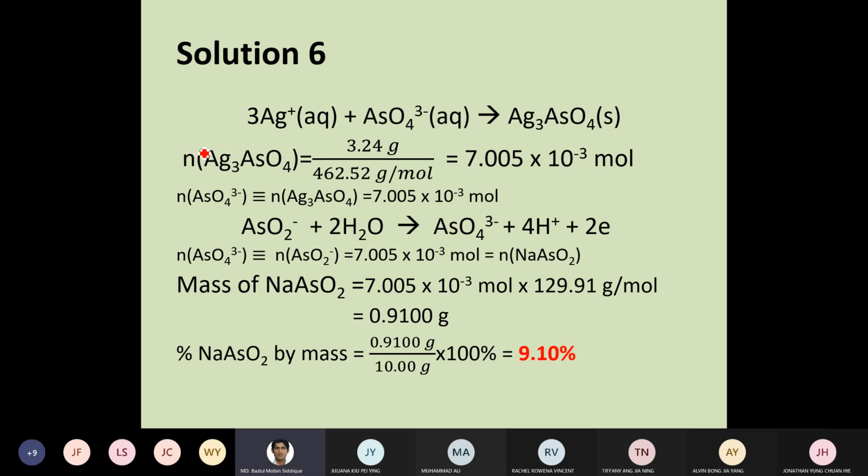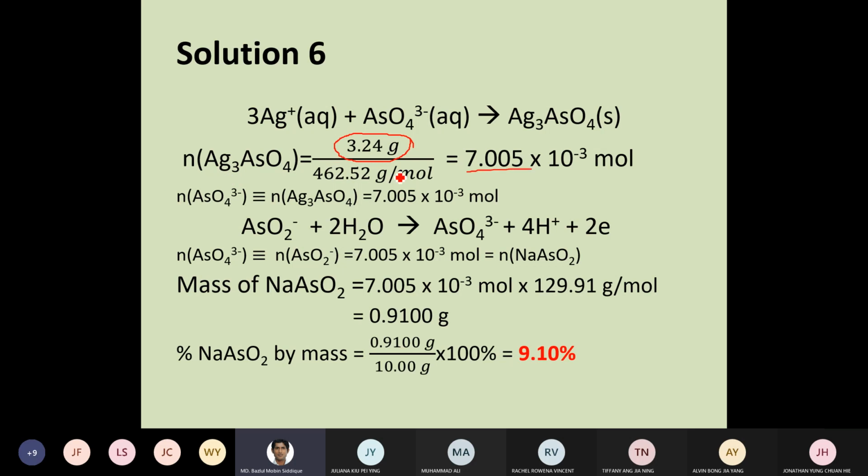So silver arsenate is produced. 3.2 gram of the silver arsenate was produced by reacting with excess silver nitrate. We find the number of moles, because number of moles is always important.